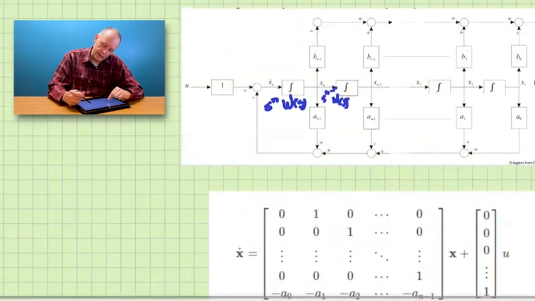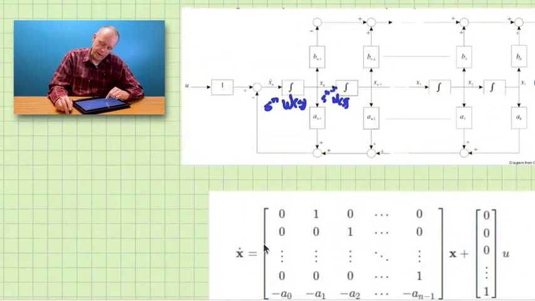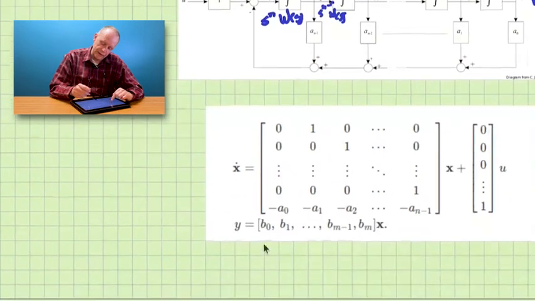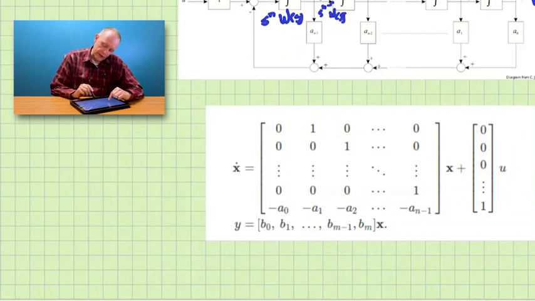It's just going back, becoming one higher derivative every time, which gives you these nice ones on the superdiagonal, zeros above that. And then everything on the bottom below the diagonal is 0 except for the last line, which has all those coefficients from the characteristic equation.